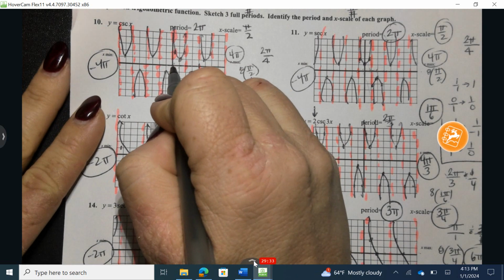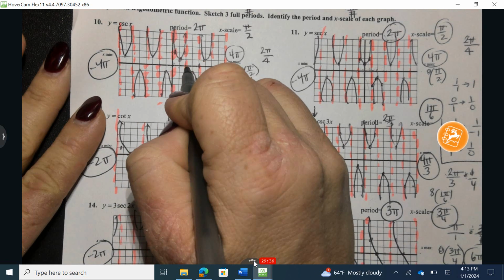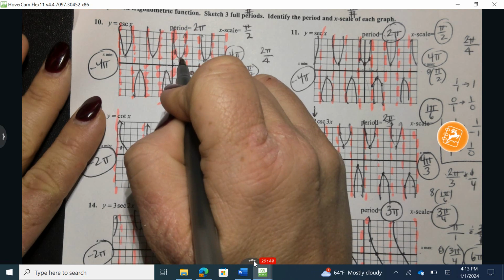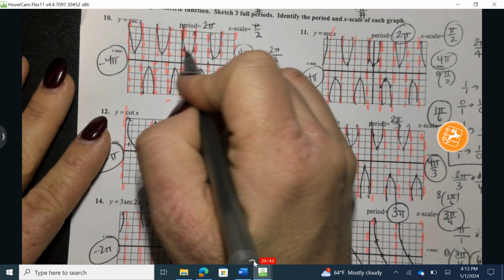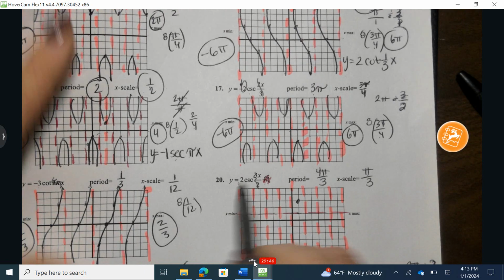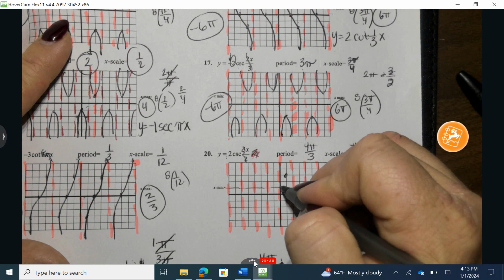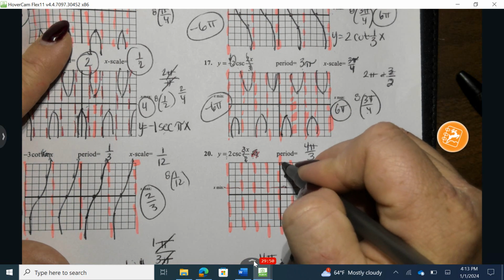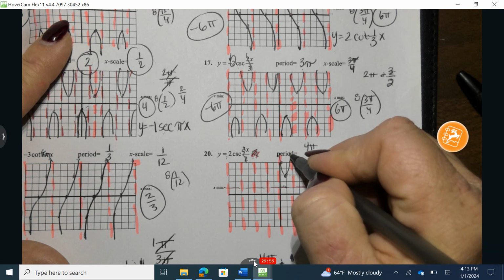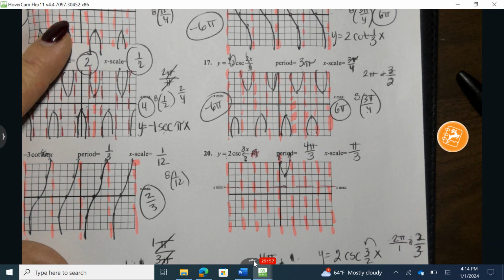And we can see that I went just slightly to the left and to the right of these vertical asymptotes, and I went up 4. The output was 2, but 2 times 2 is 4. So this is my new origin. I'm going to go up 4 here and 4 here. It just helps us to draw a more accurate sketch of this.